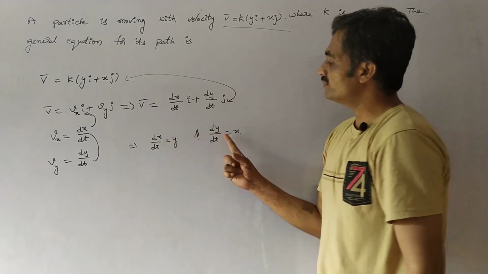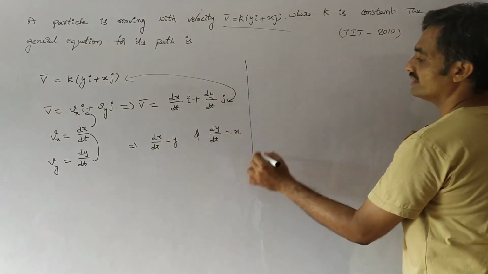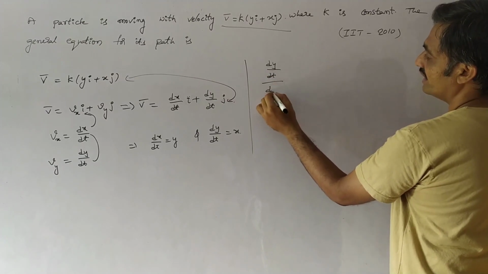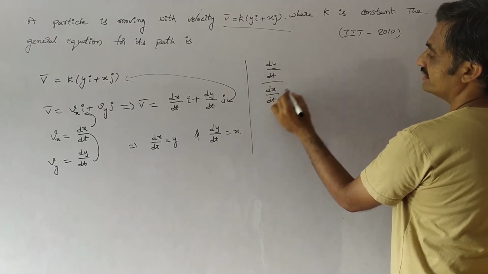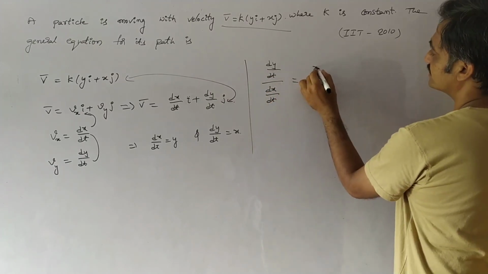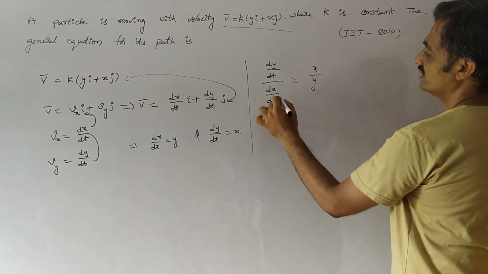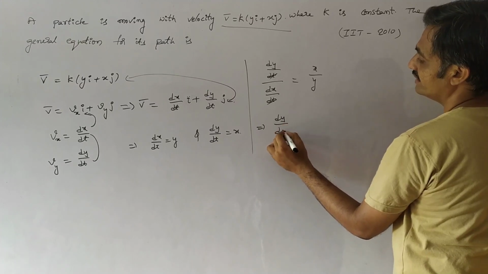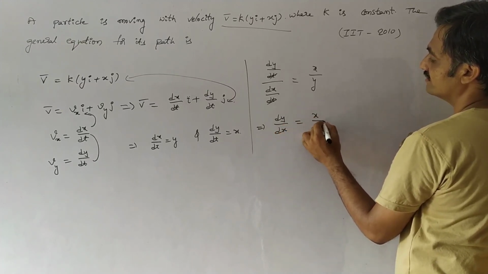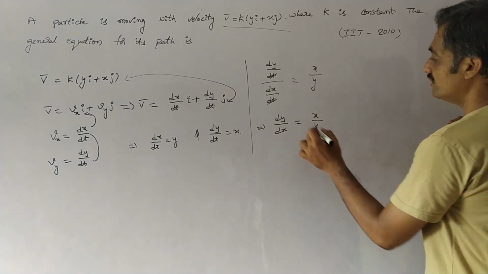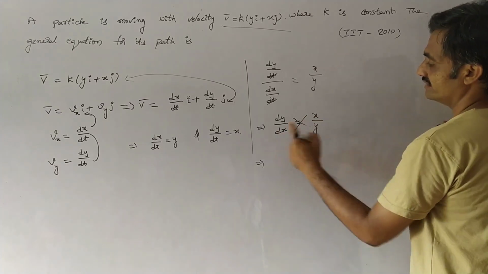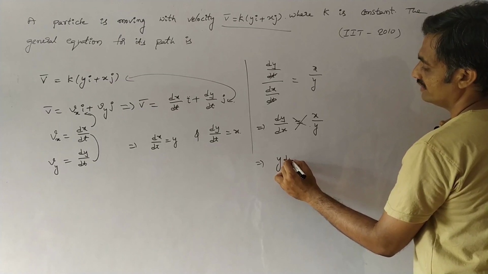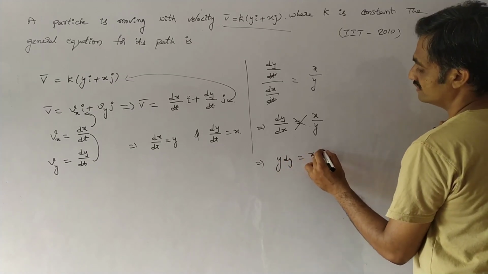Now if we divide both these equations, then we can write dy by dt by dx by dt is equal to x by y. Here dt gets cancelled. From this we have dy by dx is equal to x by y. Now if we cross multiply, observe that y into dy is equal to x into dx.